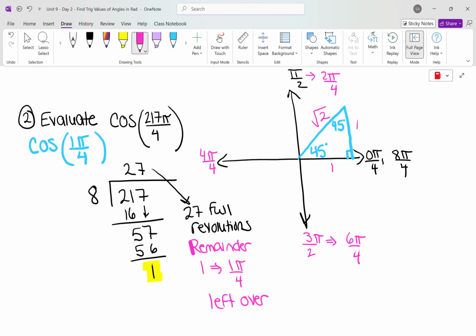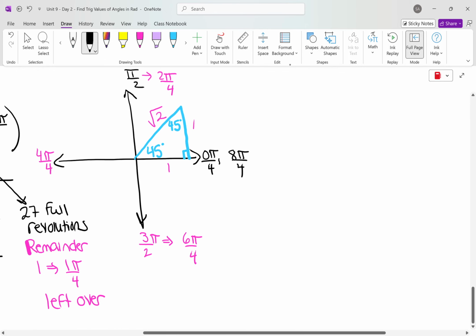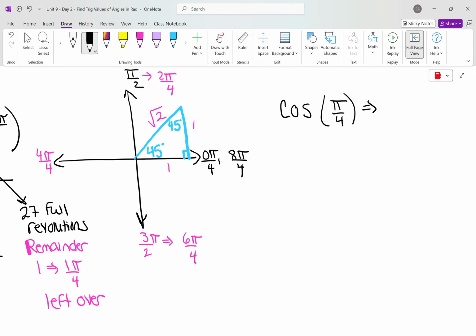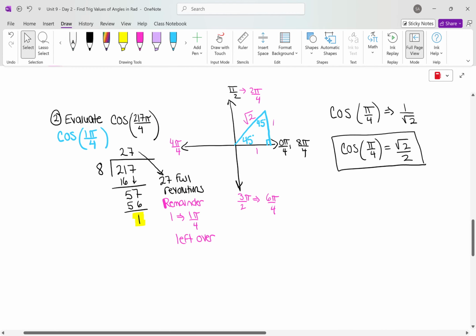So in a 45, 45, 90, we have 1, 1, and the square root of 2. So now if we want the cosine of pi over 4, we're going to put the adjacent over the hypotenuse. Can I leave it like this? No. So it's going to be root 2 over 2.